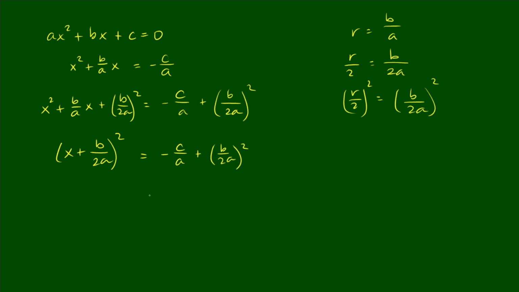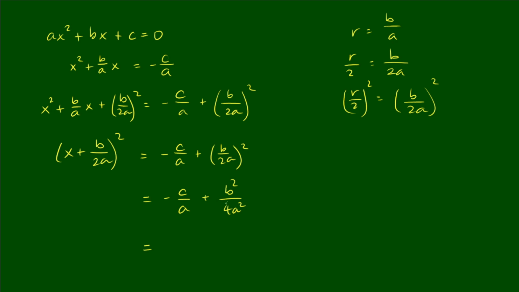The right side simplifies by using the exponent rules and finding a common denominator. Let's do it step by step. So you have minus c over a plus b squared over 4a squared. Now you're going to find a common denominator.